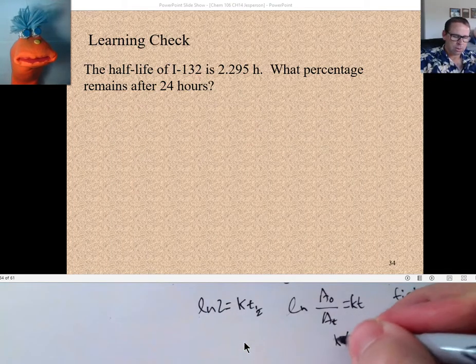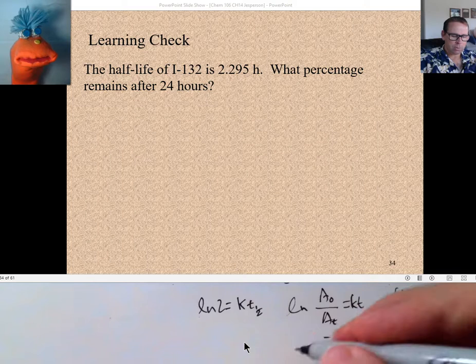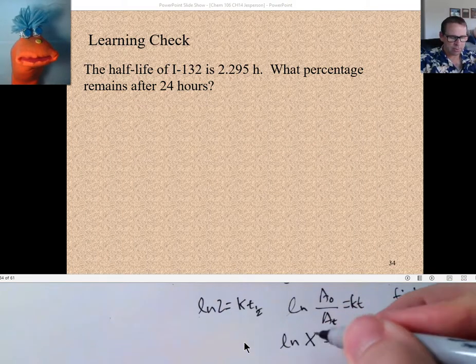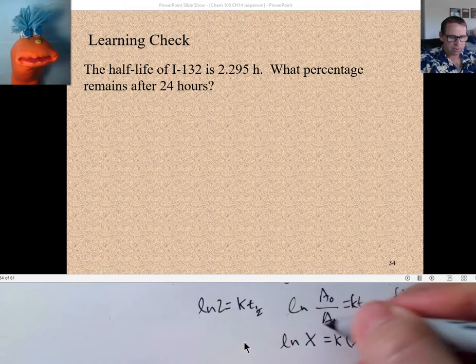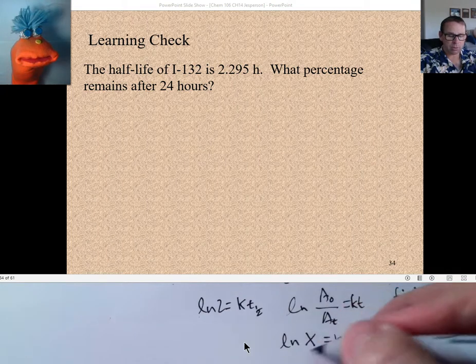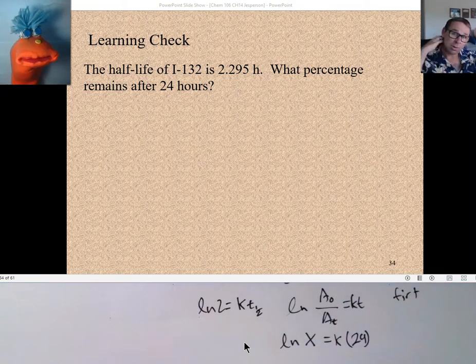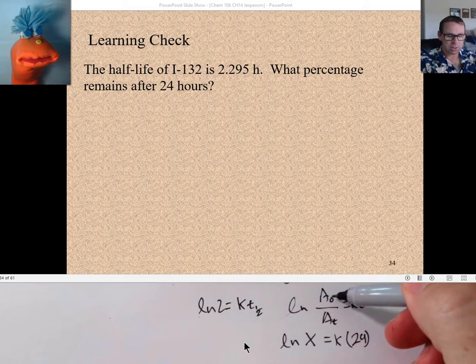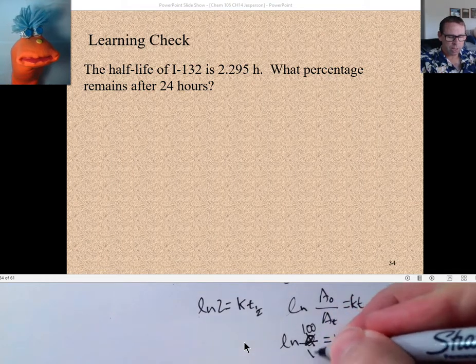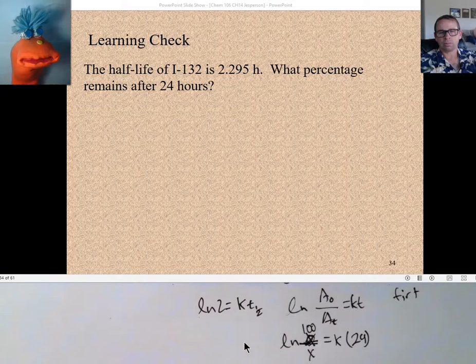And what percentage will remain is our variable, because if this is 100 over x, then that will equal a ratio of what we have left. There we go. But we're left with 2 variables still.